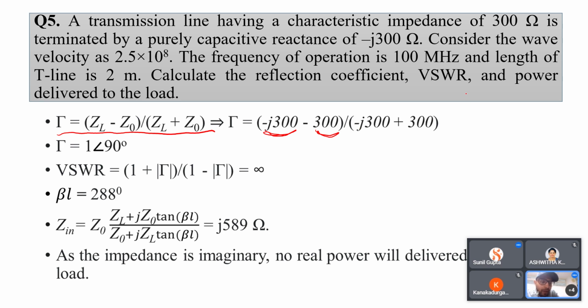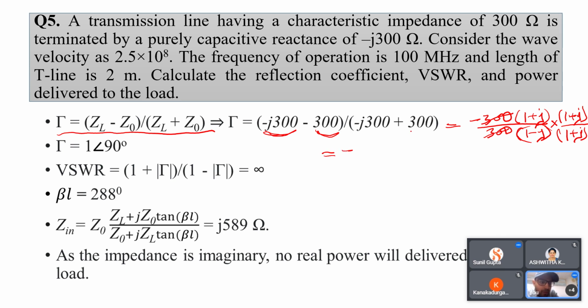So you can calculate it like this: minus 300 you take common, then the remaining part is 1 plus j. Here you can take 300 common, so this becomes 1 minus j. So this will be cancelled. Now you can multiply with the conjugate of this denominator, which is 1 plus j, and the numerator also 1 plus j.